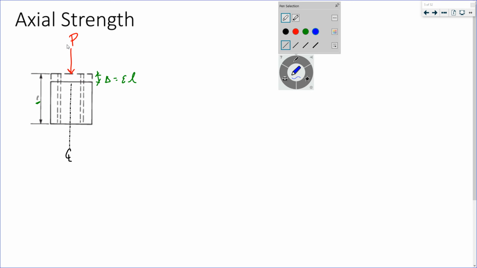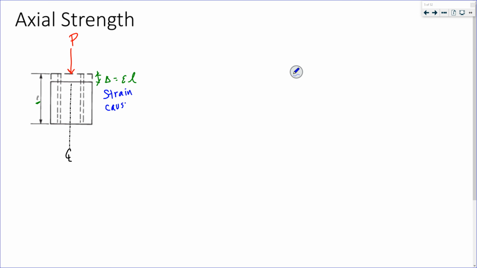This is the strain that causes stresses in your concrete and your steel.